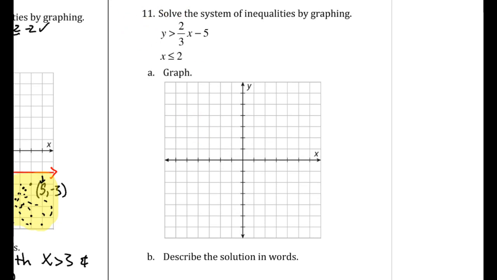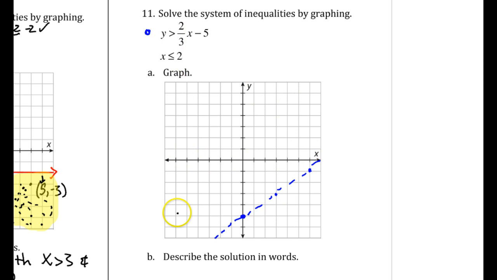Okay. Go through just one more time. Negative 5, 1, 2, 3, 4, 5. And up to right 3. And dash line. And mentally, I know this is greater than. So that's going to be everything above.